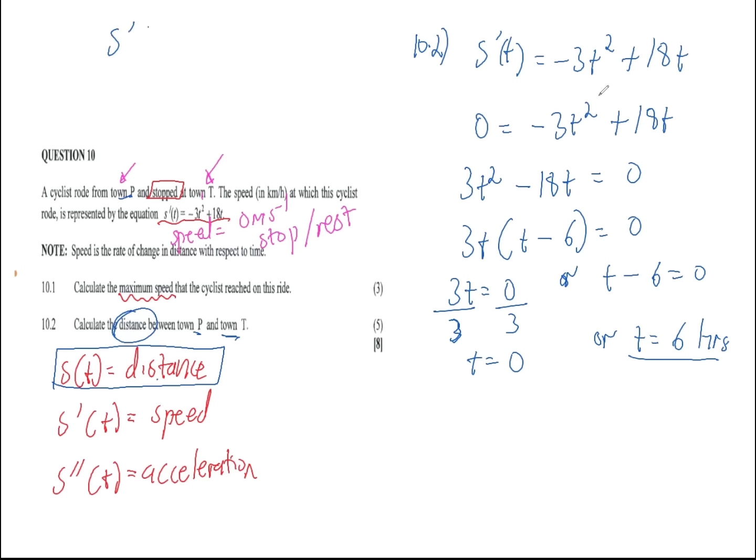And then it's negative 3t squared. Remember, this was derived up until this point. So if I say my derivative is negative 3t squared, then plus 18t, how do I get this to S(t), the original formula? Now I have to understand that this becoming negative 3t squared means that initially here I only just had a negative, right? And then this is what I do. So note how I take it back.